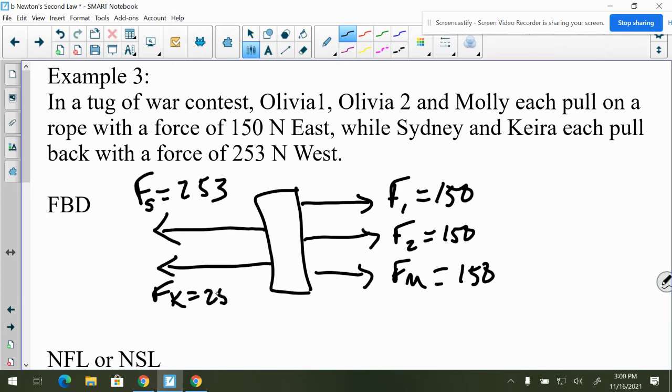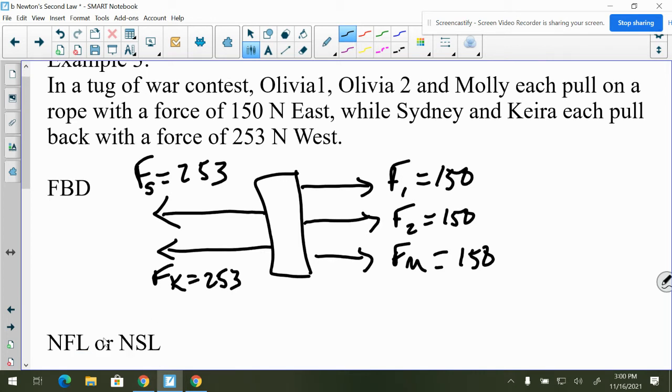And the question is, first of all, are they balanced or unbalanced? Is it the first law or the second law? So remember, the first law is always balanced, second law is always unbalanced. Well, if I look at this side, 150 plus 150 plus 150 is 450. So that's going to the east, 450. And over here, I'm going to have 506 because I have 253 and 253.